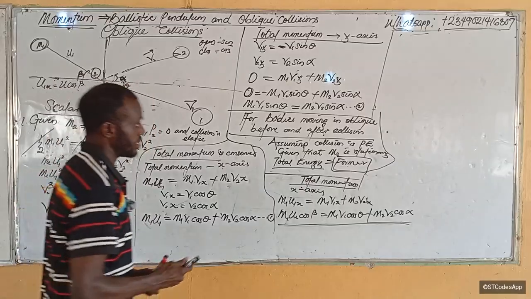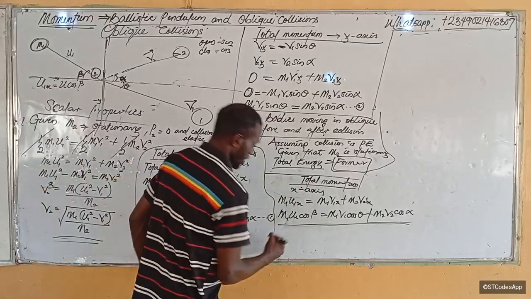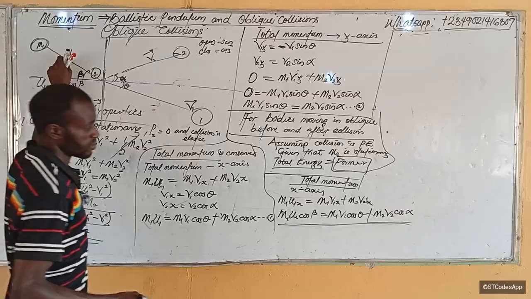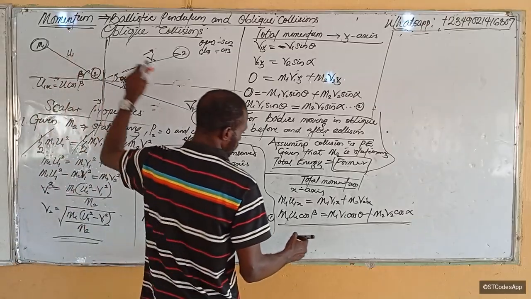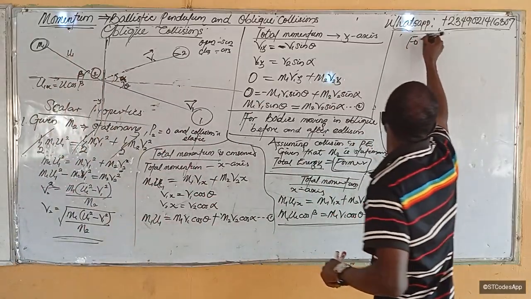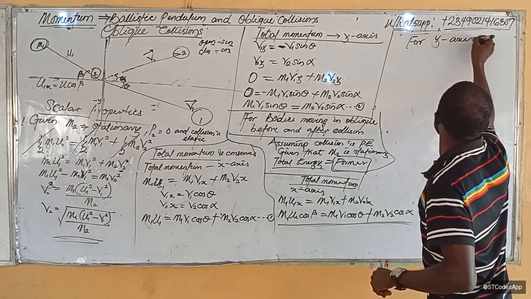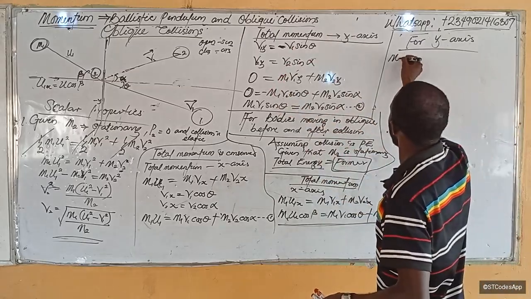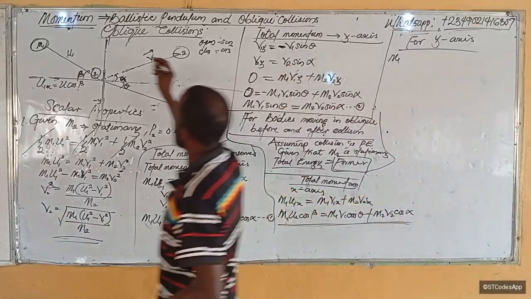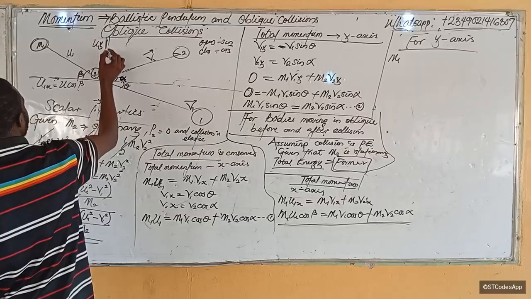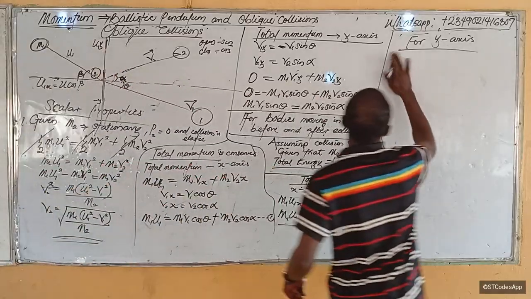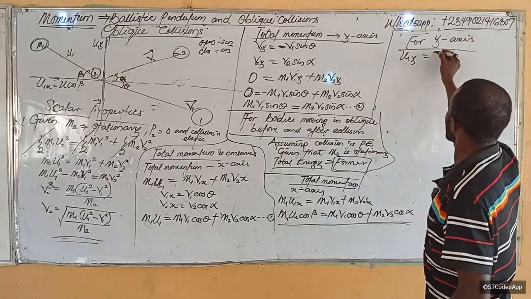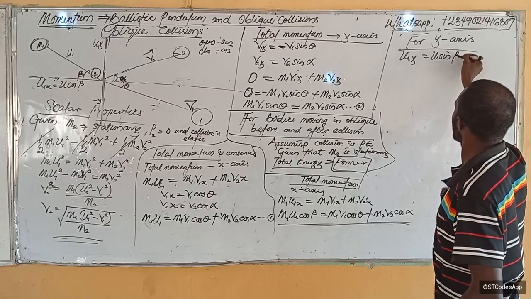Alright, if you wanted to do the Y component, there's someone coming from this component before, so you see this one changes now. So for the y-axis, this body has a y component of its motion. Now what will U1y be? U1y will be equal to U1 sine beta.